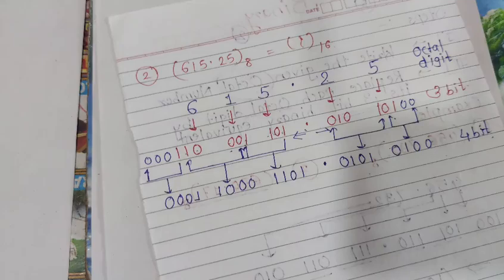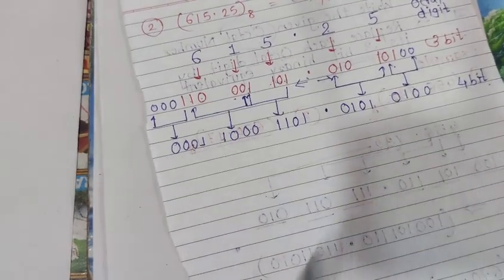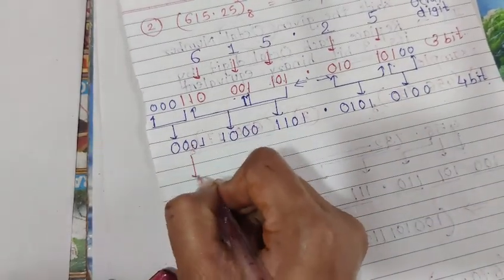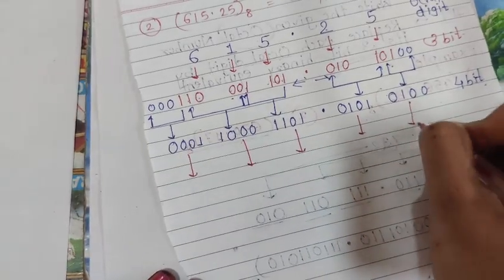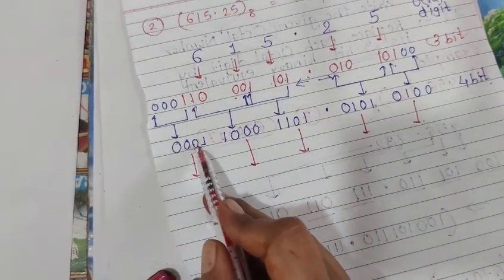Then the next step is to replace each 4-bit group with its equivalent hexadecimal number. What is the hexadecimal number for 0001?